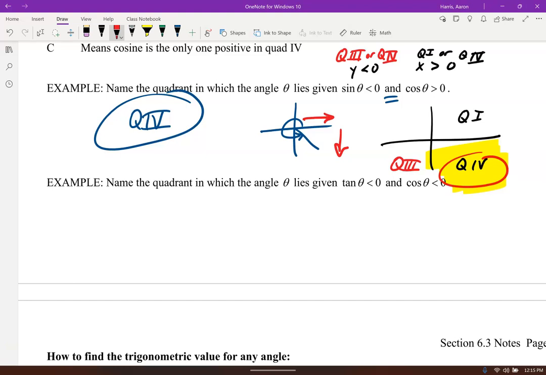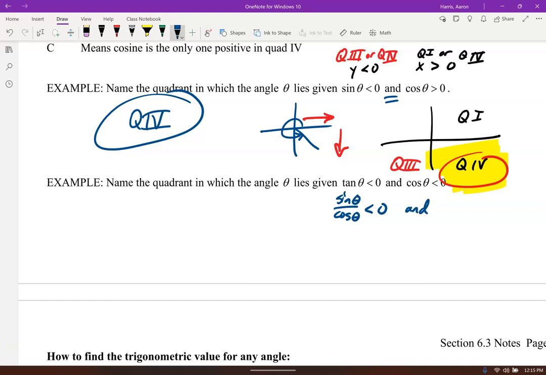Where is the tangent less than 0? So the tangent's got to be negative. Remember, the tangent's the sine over the cosine, right?